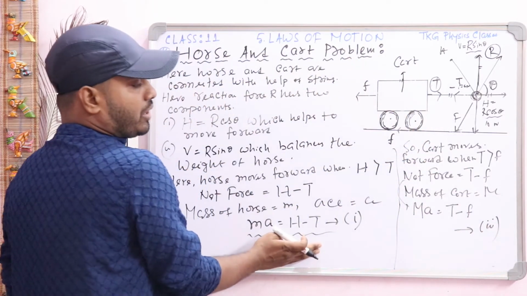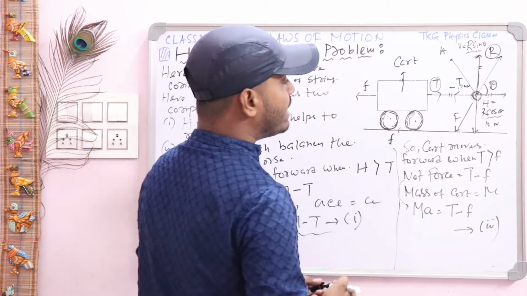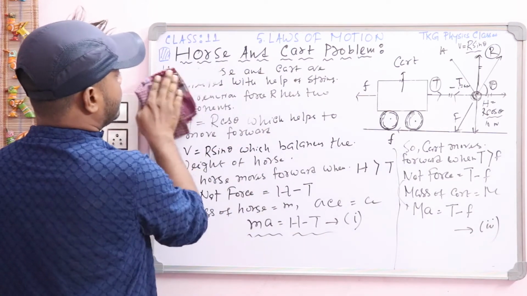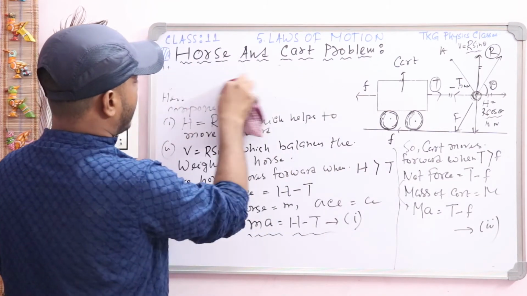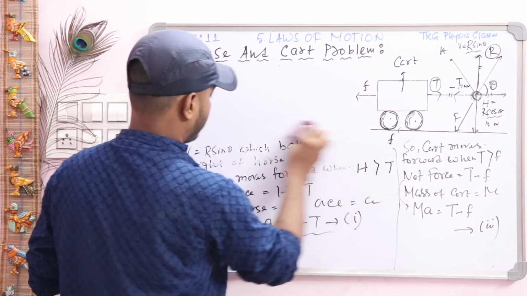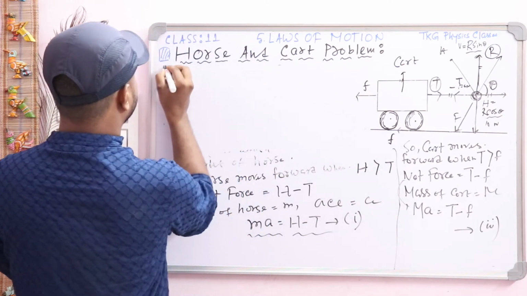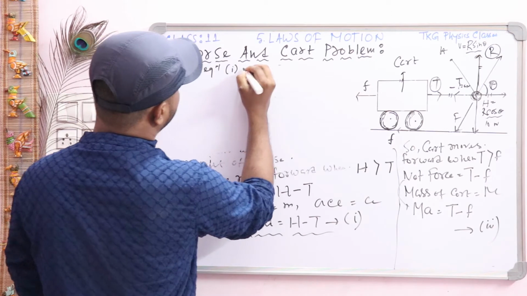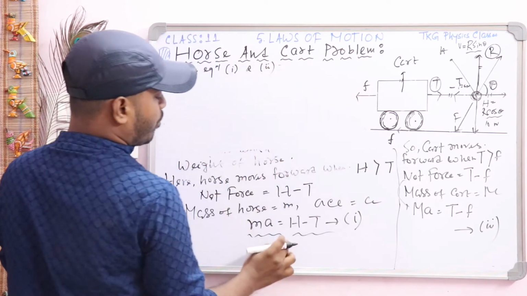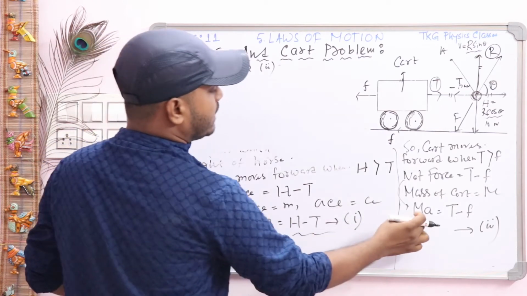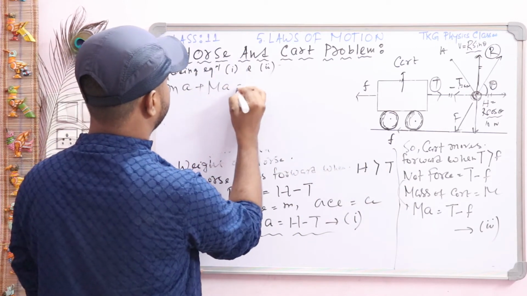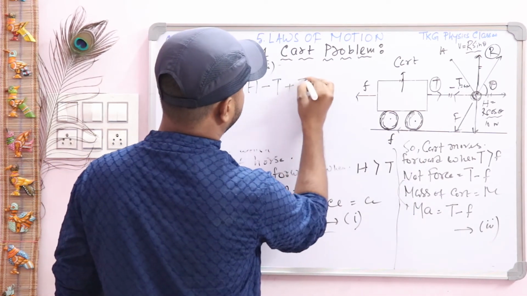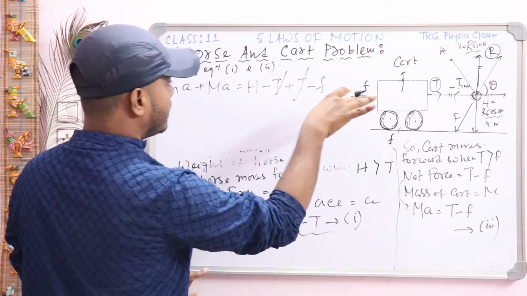Now with the help of equation number 1 and equation number 2, you can easily find out the value of acceleration. So adding equation 1 and 2, we can write ma plus capital M into a, and here H minus T, and here T minus F, plus T minus T cancel out.